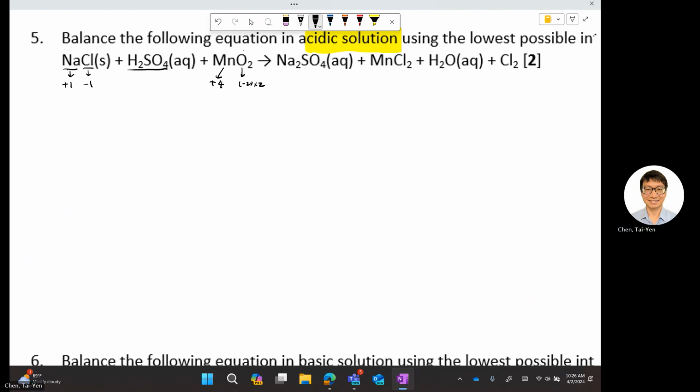Then we move on to here. SO4 by itself is -2. You have 2 sodium, so this will be +2 for the two of them, therefore your sodium is still +1. MnCl2: here your Cl will be -1, therefore your Mn will be +2.